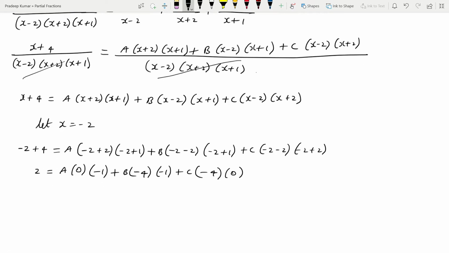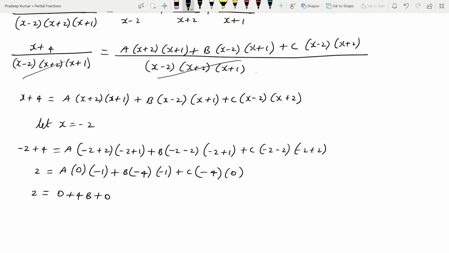We'll write the remaining: 2 equal to A into 0 into -1, so this whole part is becoming 0. And this is minus into minus plus, so 4 into 1 is 4. So I can write this as 4B. And this is -4 into 0, or 0 into C, this whole part is becoming 0, so plus 0.